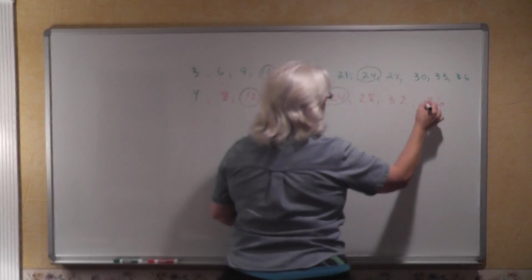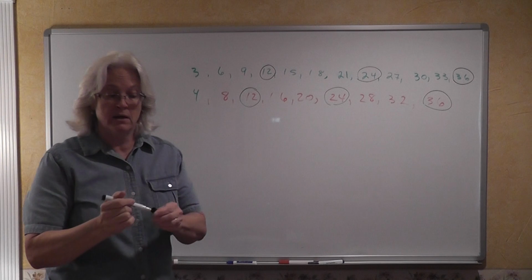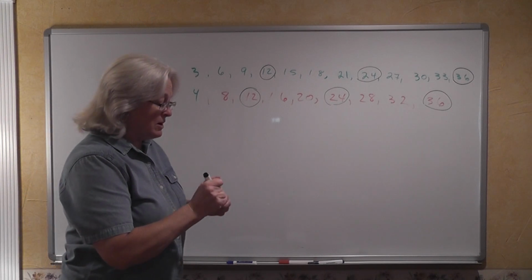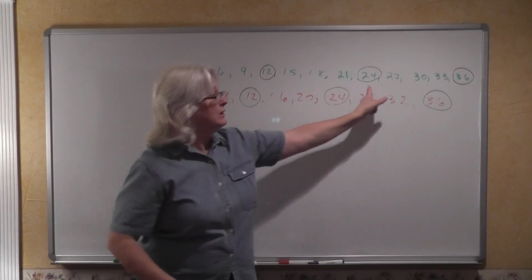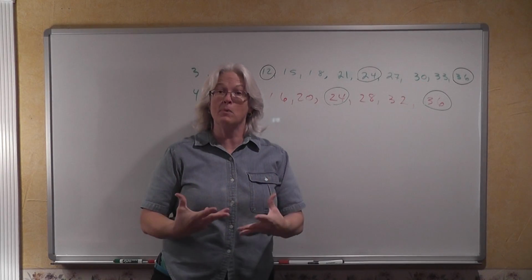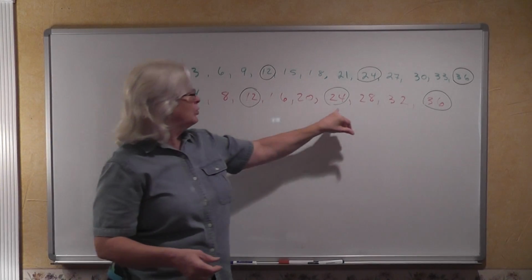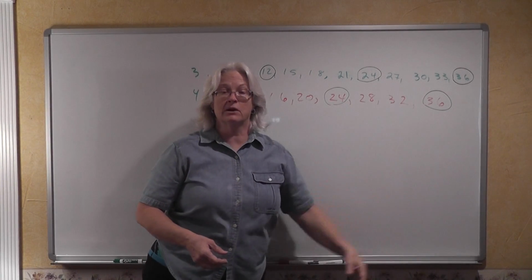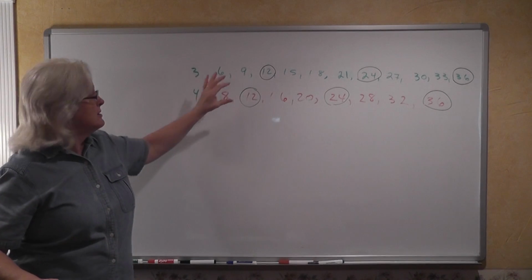Anything else? And we have 36. Now, because 12, 24, and 36 are multiples of 3, 12, 24, and 36 in our second row are multiples of 4.